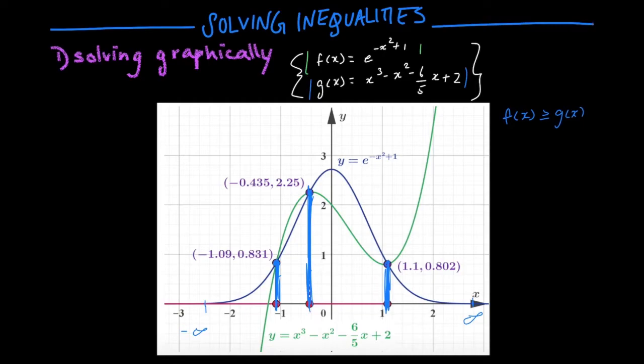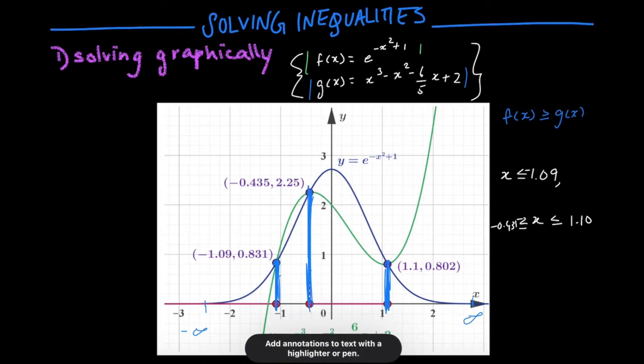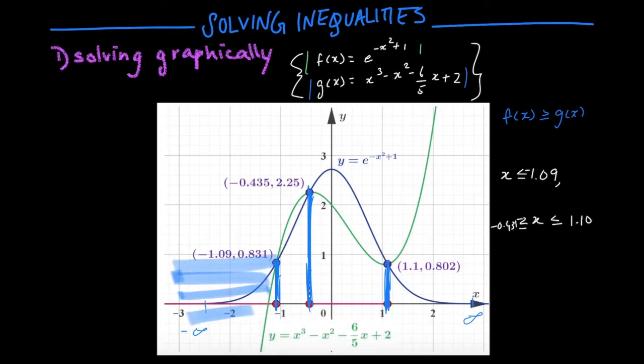So to give the solution, what we can write is x has to be smaller than or equal to negative 1.09, and x needs to be between 1.10 and negative 0.435, because smaller than or equal to negative 1.09 is anywhere here, and between 1.1 and negative 0.435 is here.